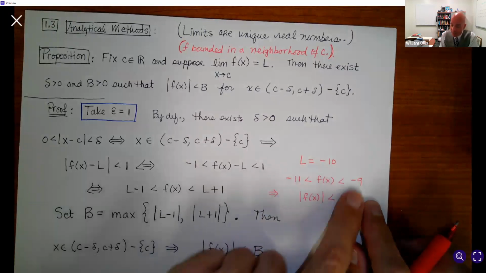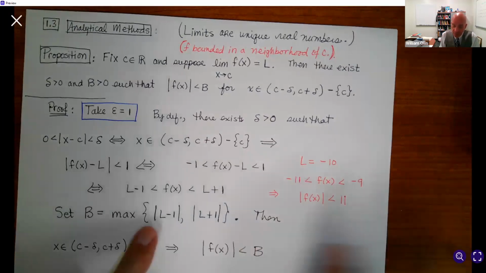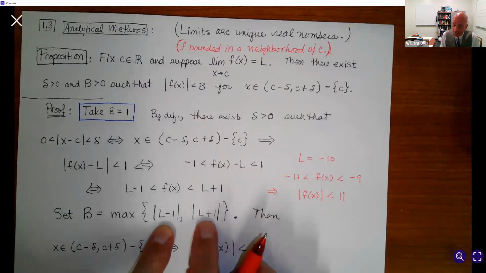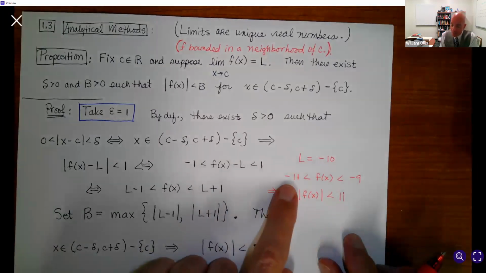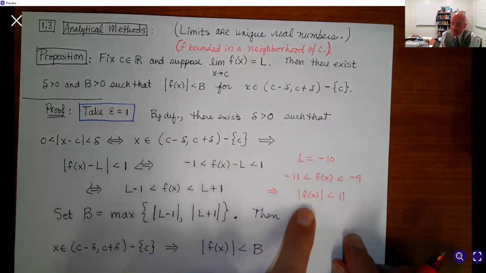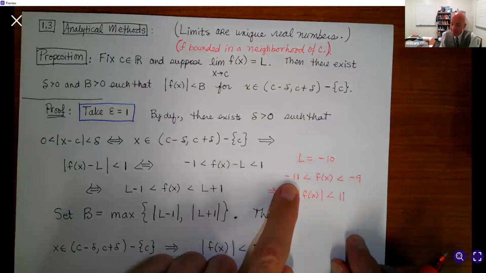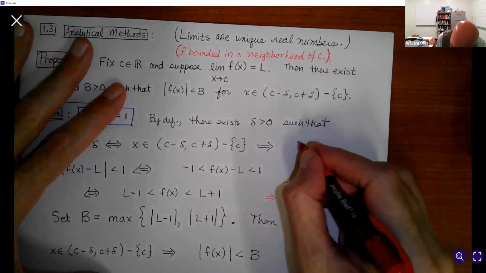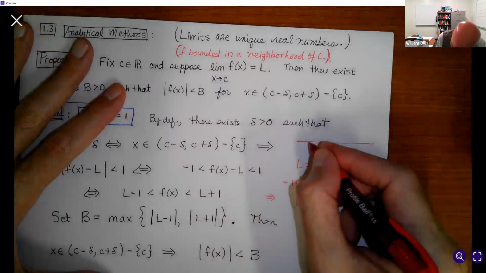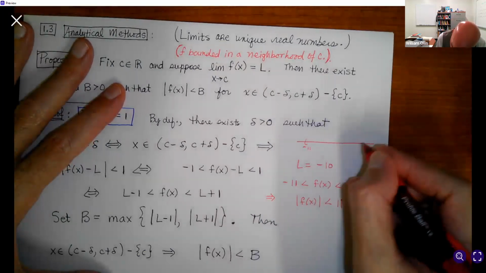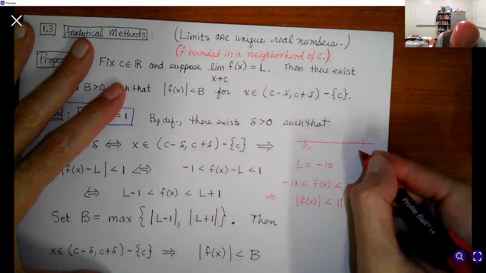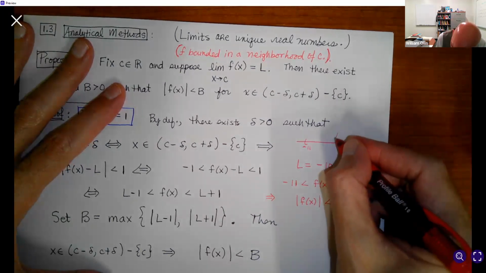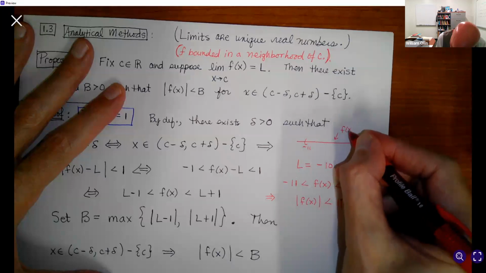So if f(x) lives between negative 11 and negative 9, its absolute value will be less than, in this case, 11. So you think of it like this: negative 11, negative 9, f(x) lives in here.